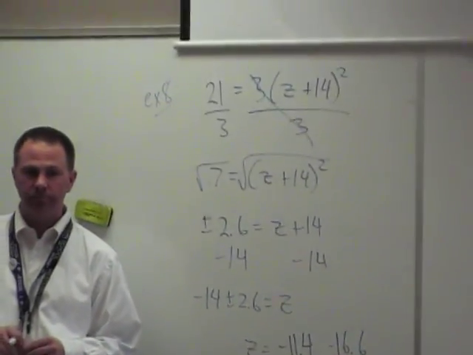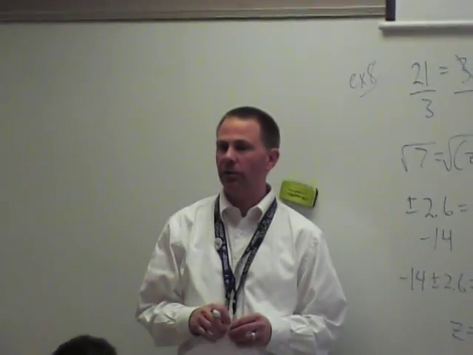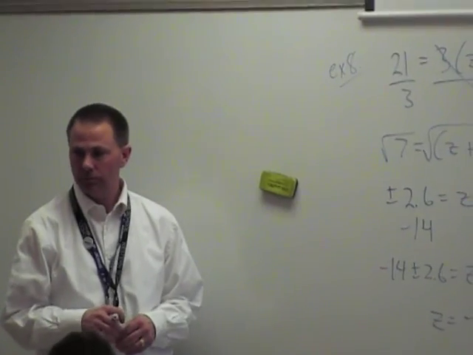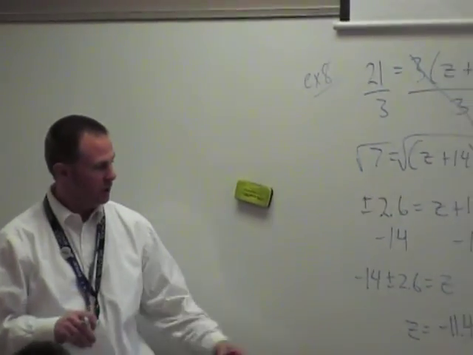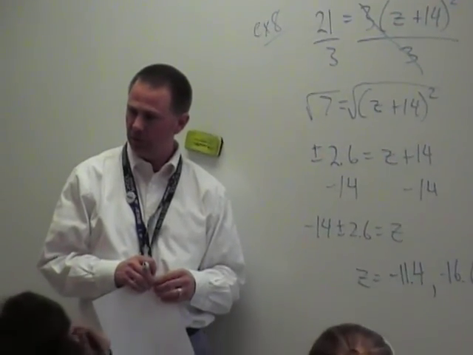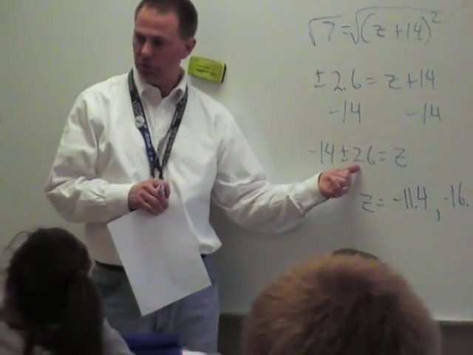Sound good? Alright, so round it to whatever the book says round it to. Negative 14 minus 2 is going to give you negative 16. Negative 14 plus 2.